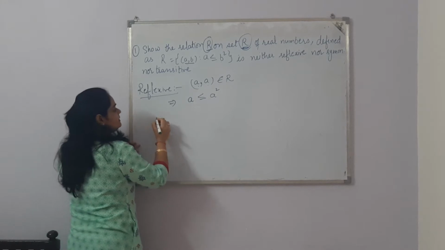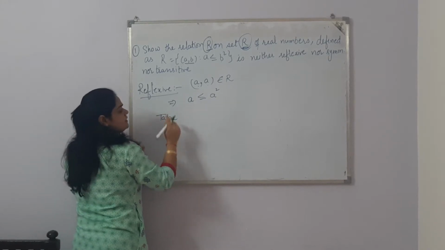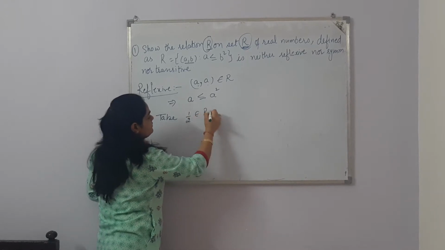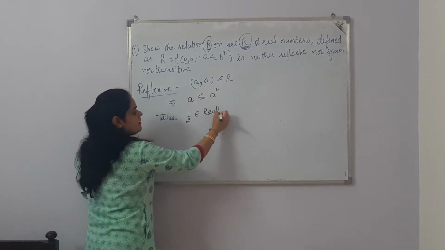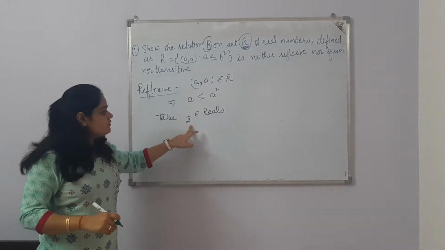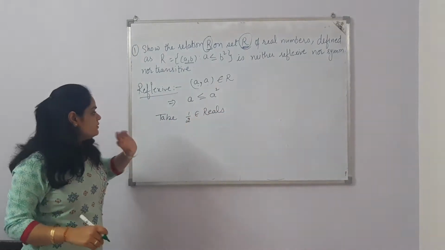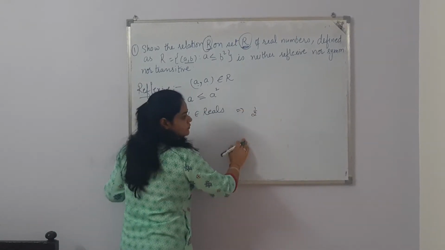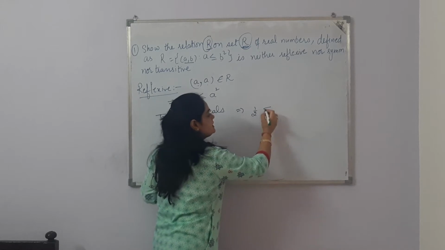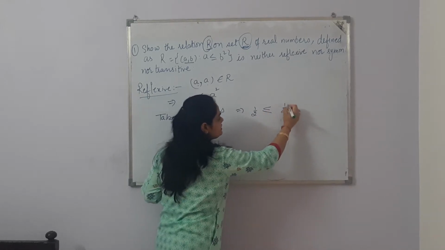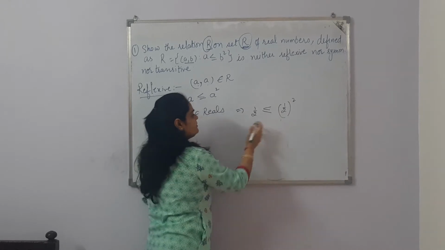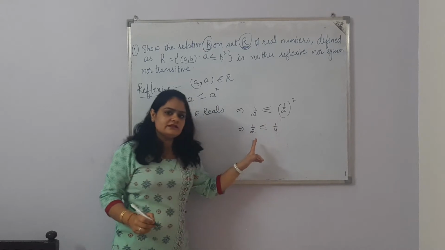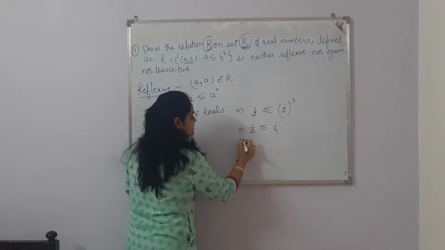Let's take one example. Take 1 by 2, which is of course a real number, belongs to reals. Now we know, is 1 by 2 less than or equal to (1 by 2) square? (1 by 2) square is 1 by 4. 1 by 2 means 0.5 and it is 0.25.